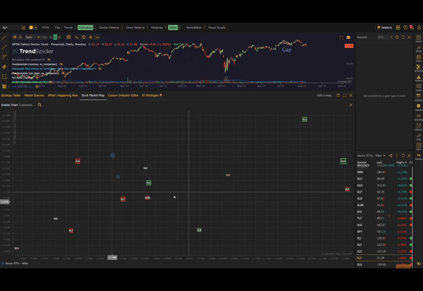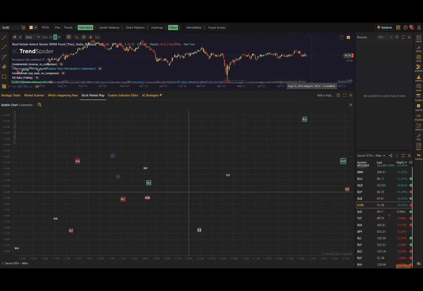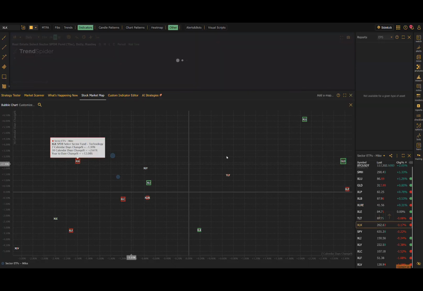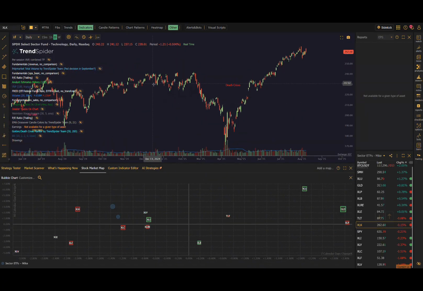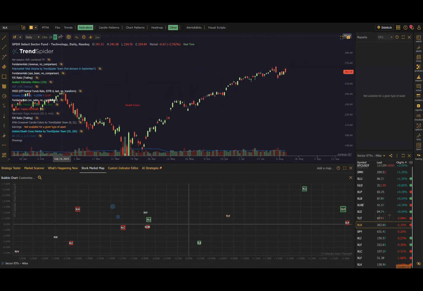Incredibly easy, and what's sitting in the middle not doing much. Like XLRE is real estate, kind of flat. As you can see there, tech, XLK, is not doing good in the last week since it's towards the left, but it's doing okay over the last 30 days.